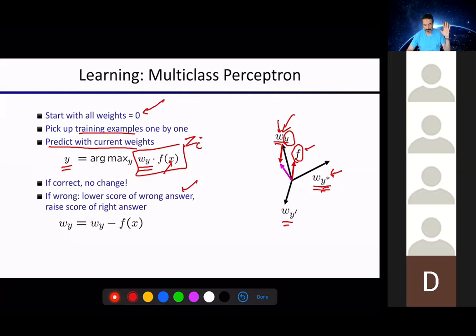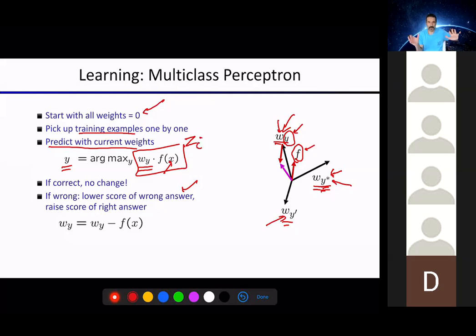So we make some adjustment to the weight vector that was produced. Make sure that you understand this. This is the label that was produced by the classifier, which was different from the correct label, okay? And this is the third label, which was neither correct, nor considered as true by the classifier.